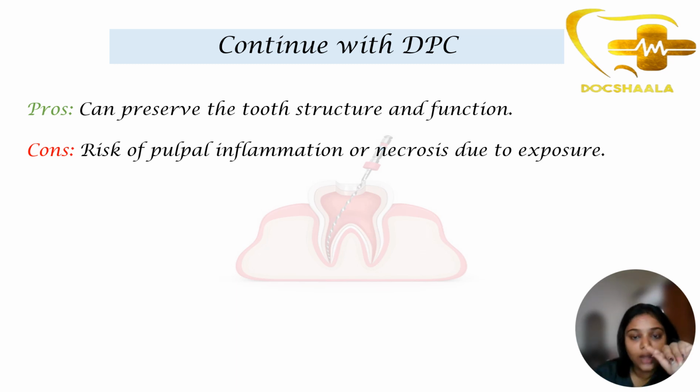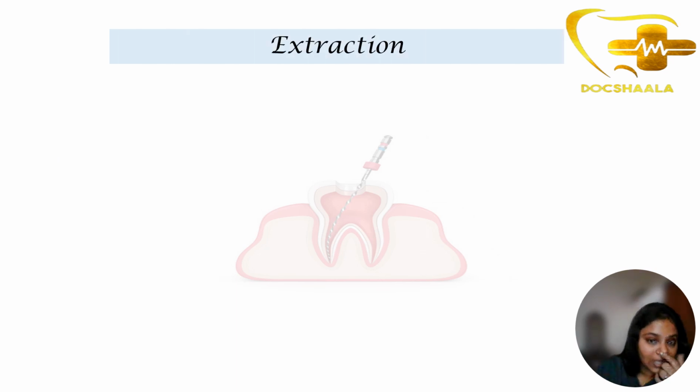The cons, the negative effect of this, is that since it is the first molar of a 5-year-old child, the tooth is not completely formed, that is, root formation is not completed. Because of this, there is a risk of pulpal inflammation and necrosis due to the exposure. So these are the problems.